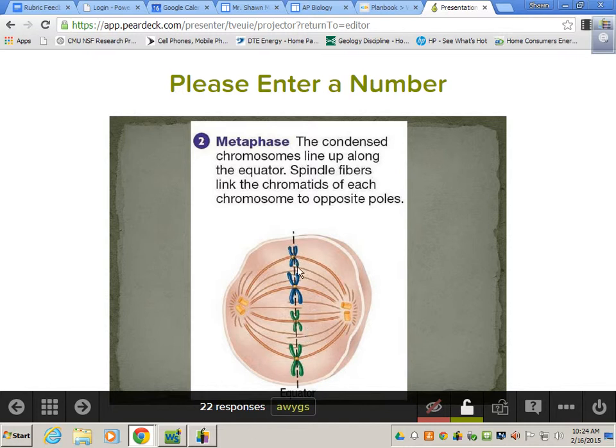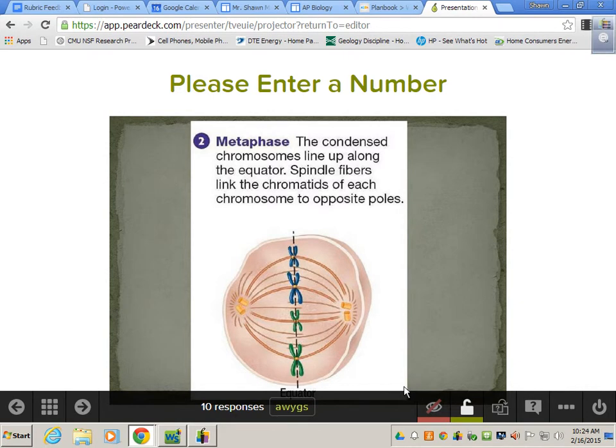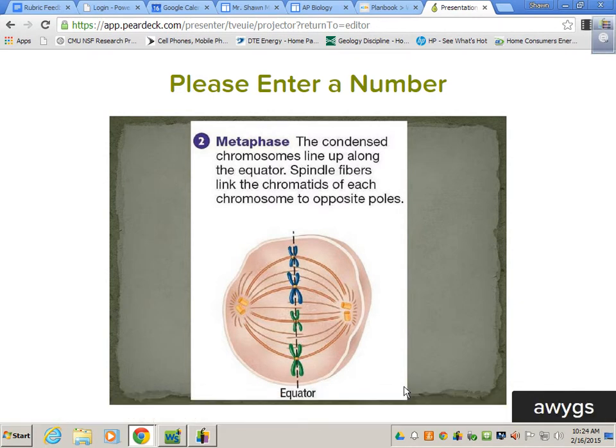How many pairs of chromosomes do you see up here?